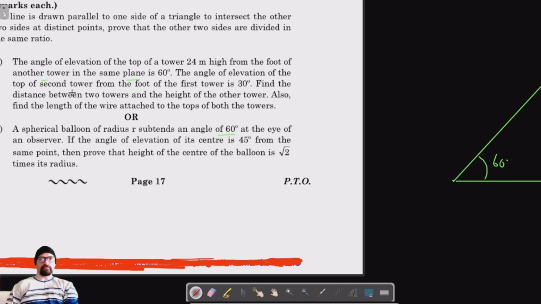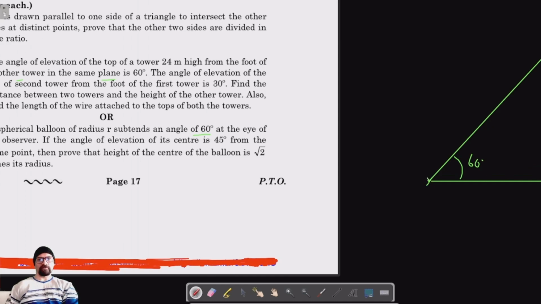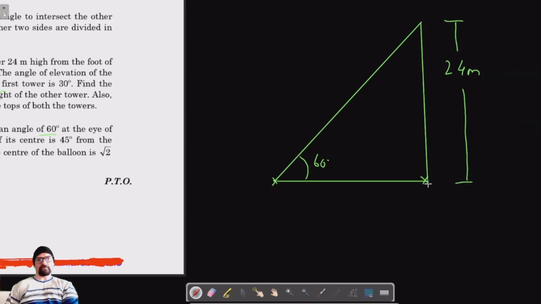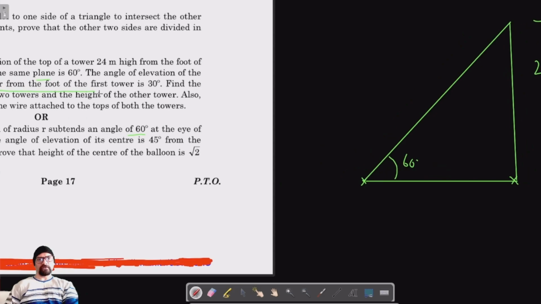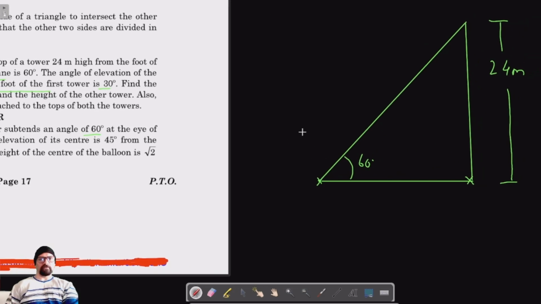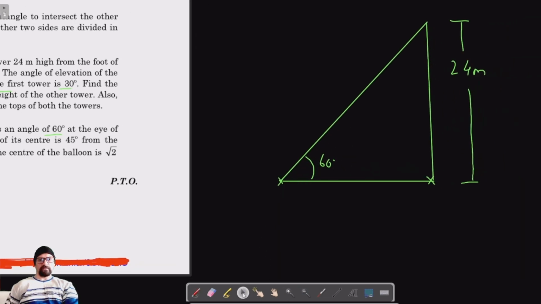This is the foot of the second tower, and from the foot of the first tower, the angle of elevation to the top of the second tower is 30 degrees. That means the second tower is shorter than the first one because its angle of elevation is 30 degrees. So this is the angle of elevation, this is 30 degrees.